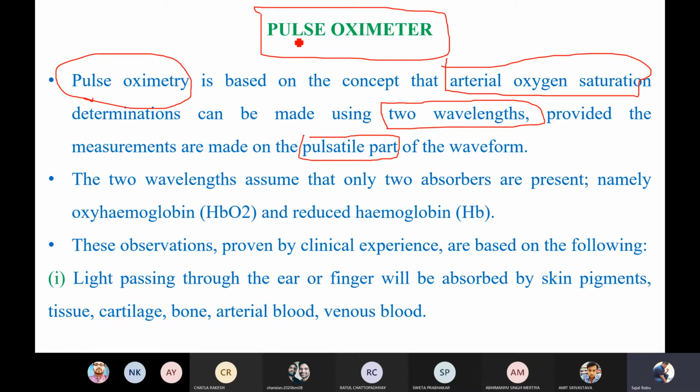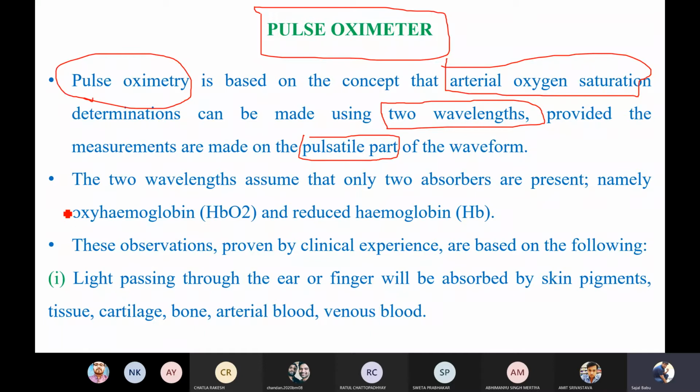Okay, so whenever we are using a pulse oximeter, all the manufacturers will consider that there are only two absorbers. Okay, if you are giving a light of two different wavelengths, these lights will be absorbed by only two different materials.